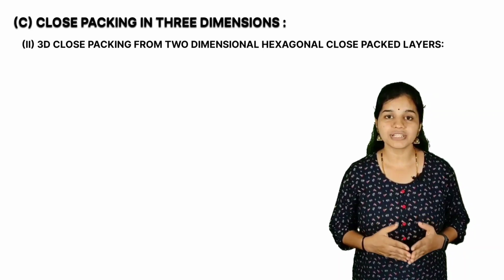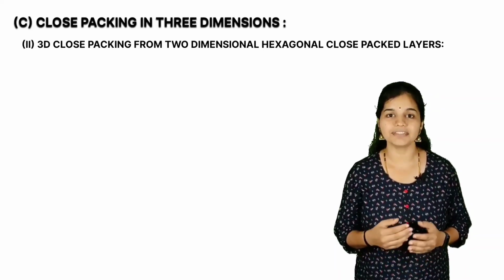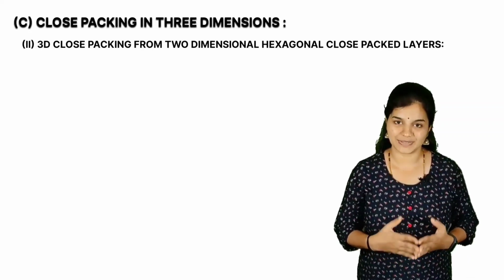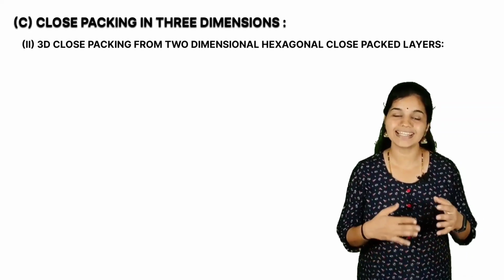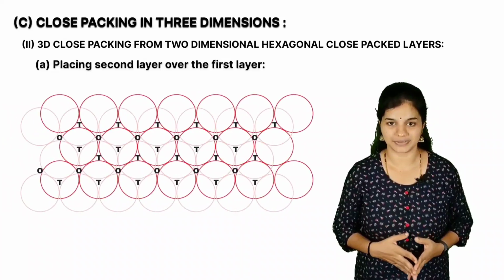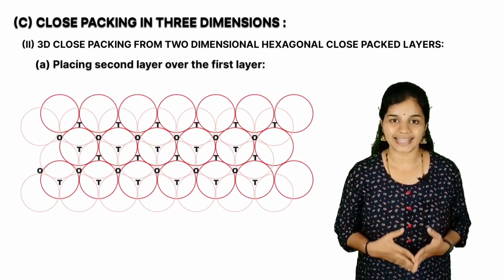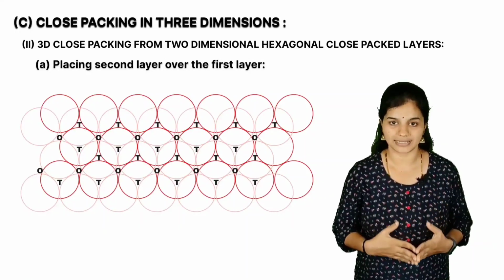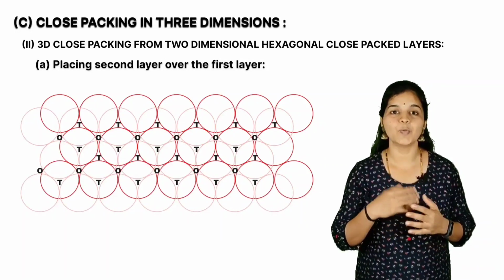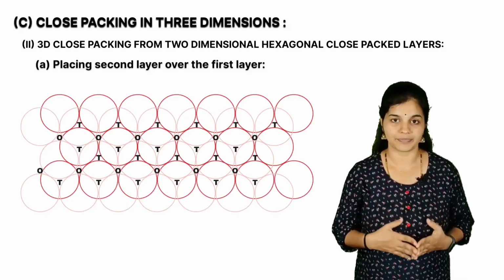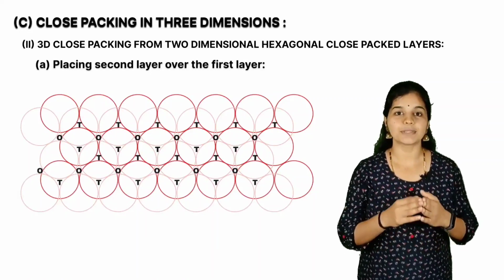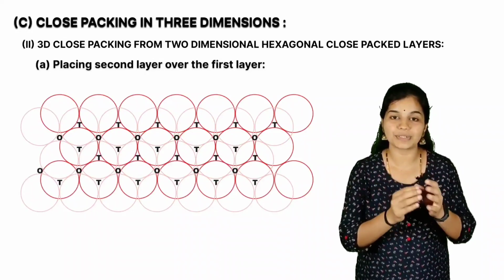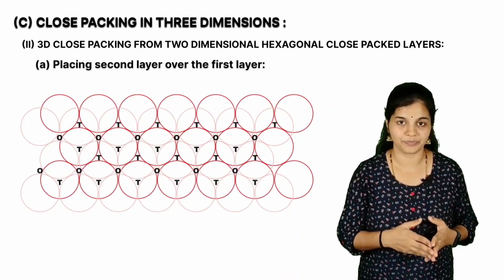The 3-dimensional close packed structure can be generated from 2-dimensional hexagonal close packed layers by placing these layers one over the other. Let us take 2-dimensional hexagonal close packed layers and place them one above the other, such that the spheres of the second layer are placed in the depressions of the first layer.